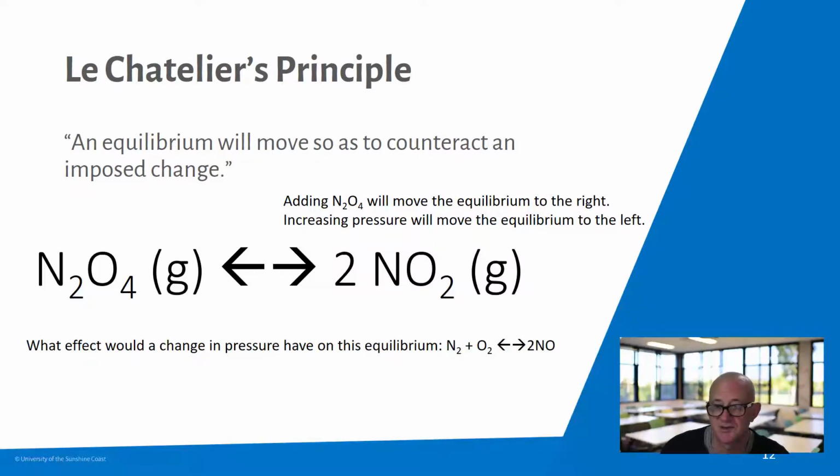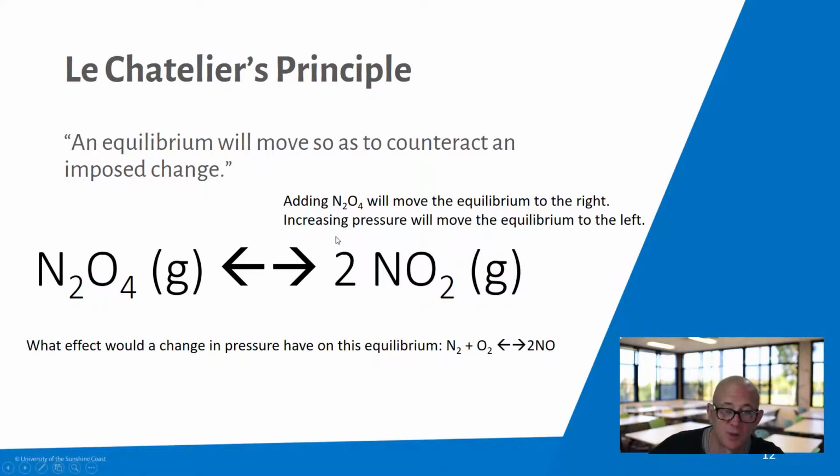The imposed change is an increase, so it will try to counteract that increase. How would it decrease the amount of N2O4? Obviously the equilibrium would move towards the right, and that's indeed what happens. So that's one example of using Le Chatelier's principle.